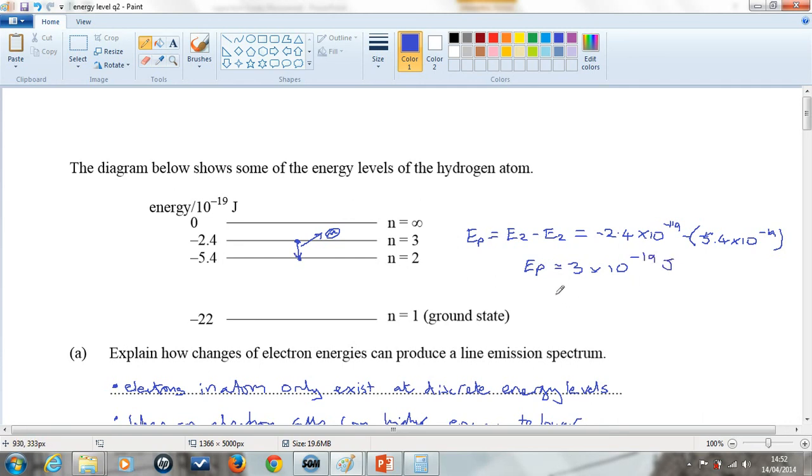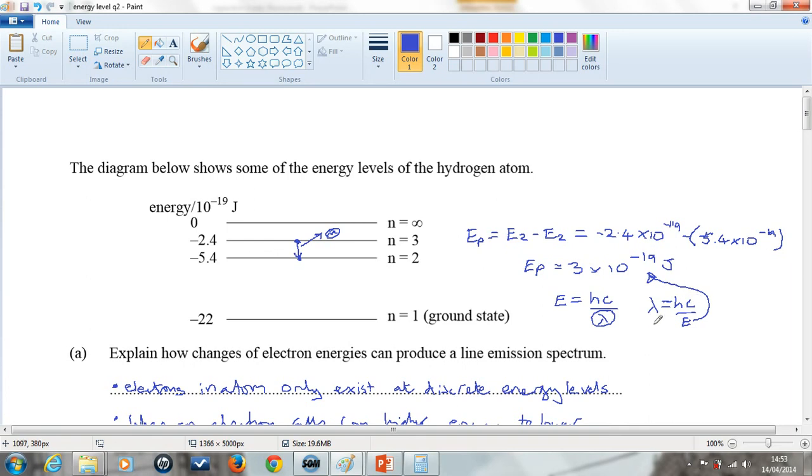I've been asked to find the wavelength, and I know that the energy of a photon is equal to Planck's constant times the speed of light divided by the wavelength. I want to find the wavelength, so I rearrange that equation to get wavelength equals hc over E, where E is my difference in energy levels, which I have calculated up there. h is Planck's constant, 6.63 times 10 to the minus 34. c is the speed of light, 3 times 10 to the 8.